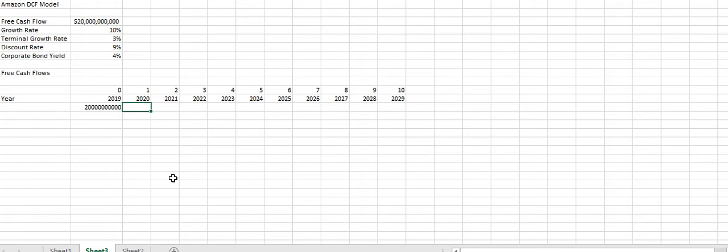And then for year 1, that's equal to 20 billion multiplied by 1 plus the growth rate. Okay, and we're going to anchor that, so you need F4 to do that.